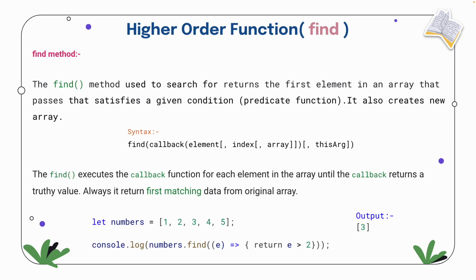There are some more things in find. Find takes the array as an input and just returns the first matching element from the array. We already discussed why we go for find.